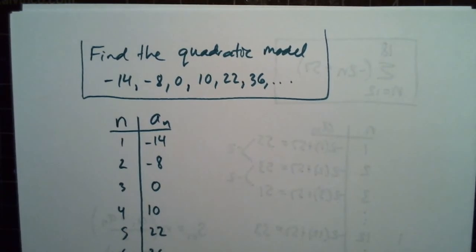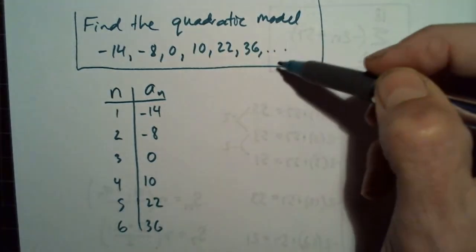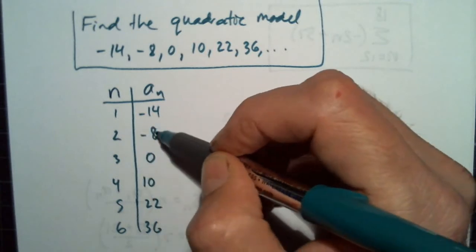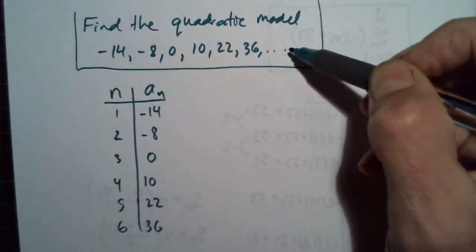And one way to think of this would be the quadratic model would be what quadratic equation would you plug a 2 into to get a negative 8?